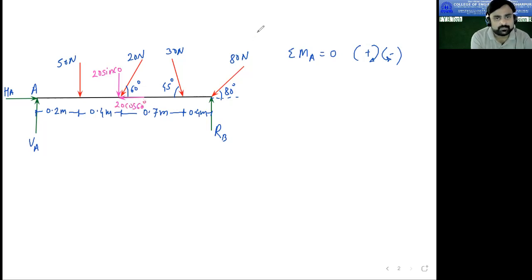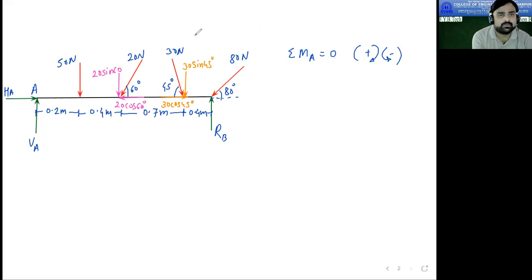Now similarly, if I resolve this force, this is the vertical component and here is the horizontal component. This angle is 45 degrees, so this is 30 cos 45 and this is 30 sine 45.